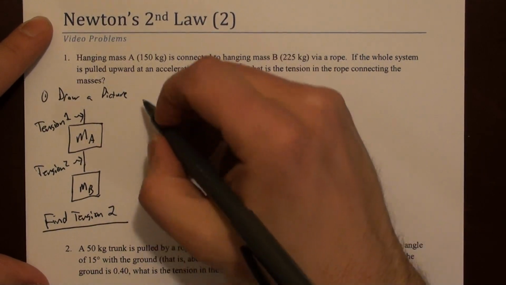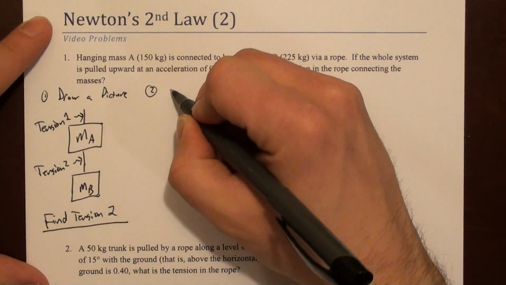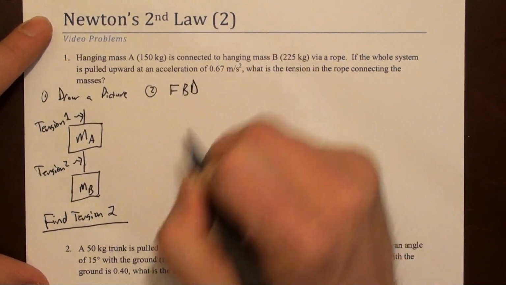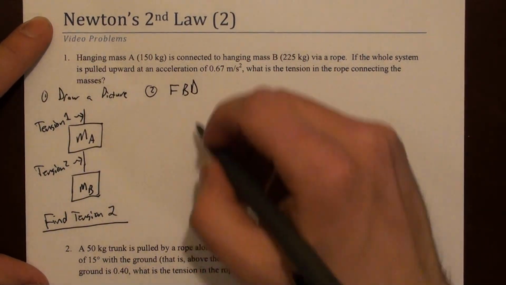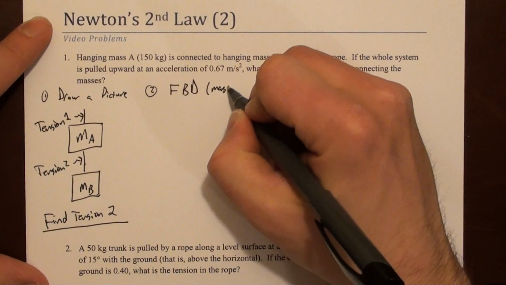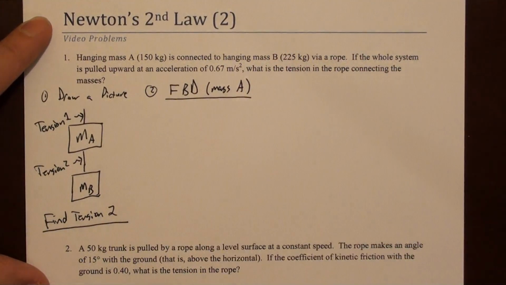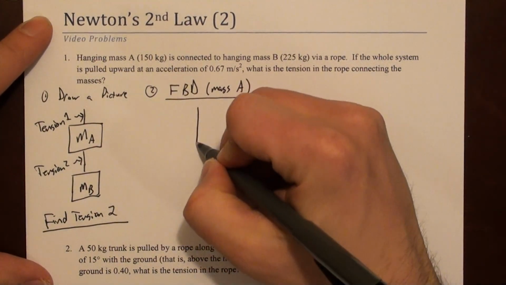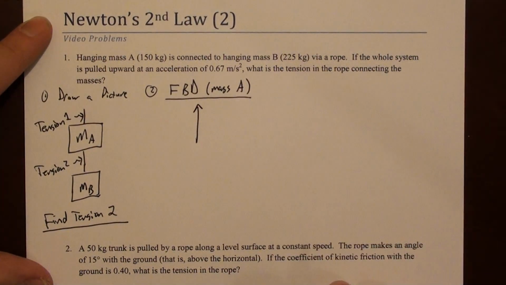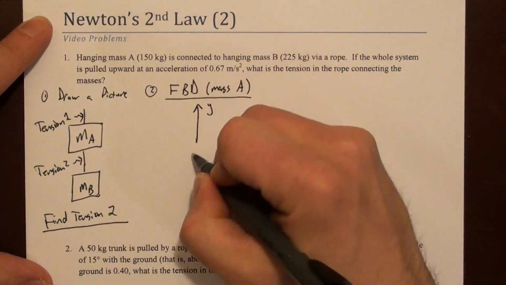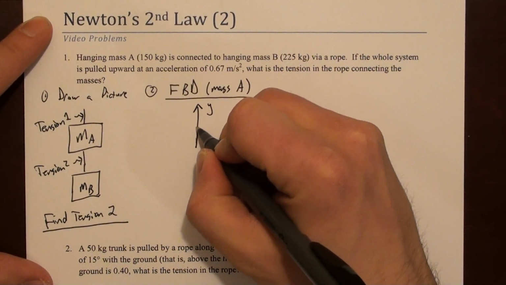So the next step here is maybe to draw a free body diagram. Maybe we'll draw a free body diagram for each mass. So let's start with mass A. And the x direction has nothing interesting going on, so we'll just draw it in the y direction. And here's our object.